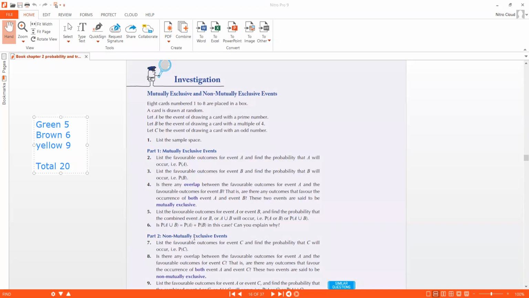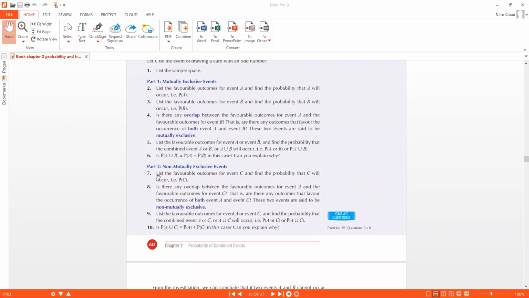The total number will not be reduced. Any issue? Wait, so without replacement, it will not decrease, and with replacement, it will decrease. Okay.